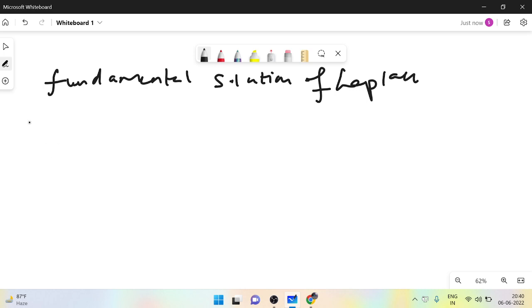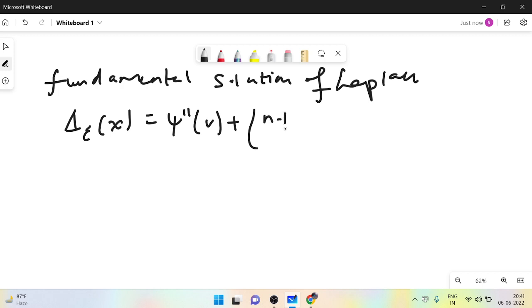I have given it as an exercise to show that the Laplace equation is invariant. This is basically the Laplace equation in polar coordinates, and we are converting it to polar form and now solving it.